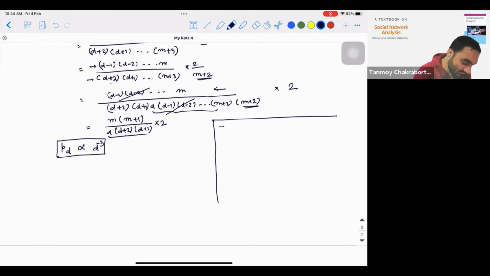The third problem is that in both the derivations we have seen that the degree coefficient is always minus 3, right? But I have already mentioned that in real world cases it varies from minus 2 to minus 4, in fact minus 1 to minus 4 sometimes. So the Barabasi-Albert model is not generic in the sense that it is not able to explain varieties of networks.